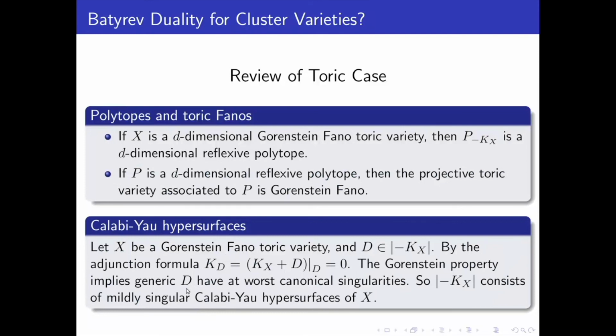If we combine these two things, the canonical divisor being trivial and D having at worst canonical singularities, the anti-canonical linear system of X consists of mildly singular Calabi-Yau hypersurfaces. So Calabi-Yau hypersurfaces with at worst canonical singularities.